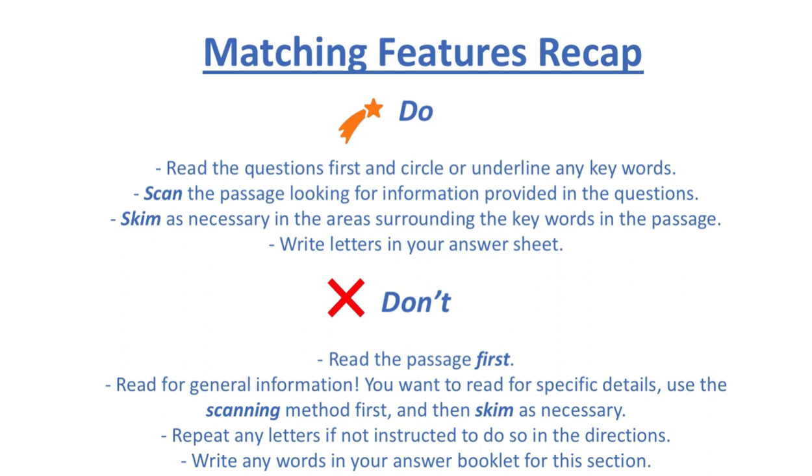Always think of scanning like a headlight, like I explained earlier. You're looking for specific information. Then after that, you want to skim as necessary in the areas surrounding the keywords in the passage. And then this is also very important, write only letters in your answer sheet, okay? Do not write any words in your answer booklet for this section. So instead of writing, for example, Halley, we would write the letter A.